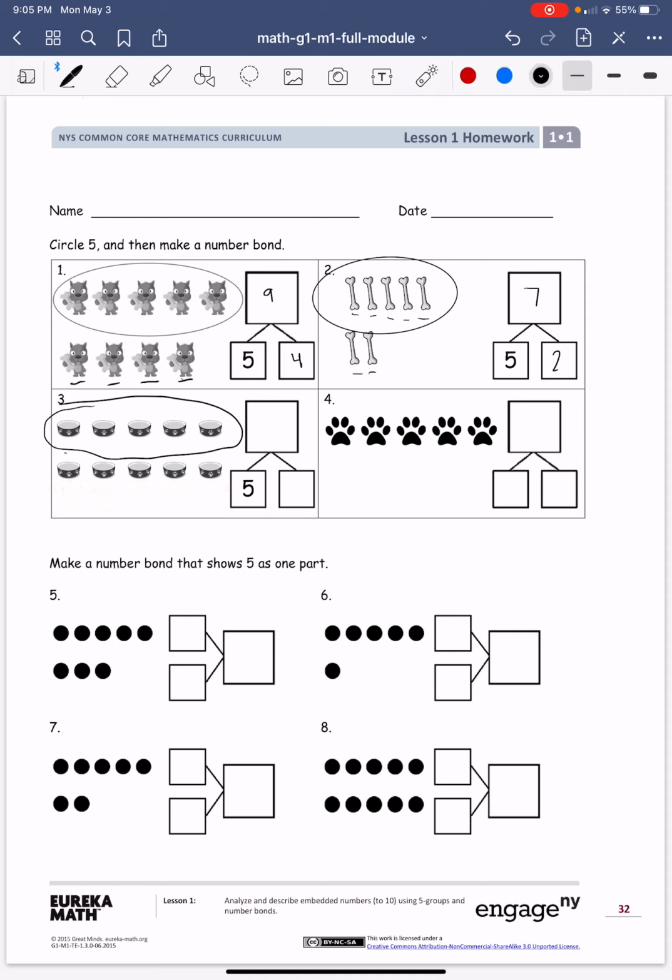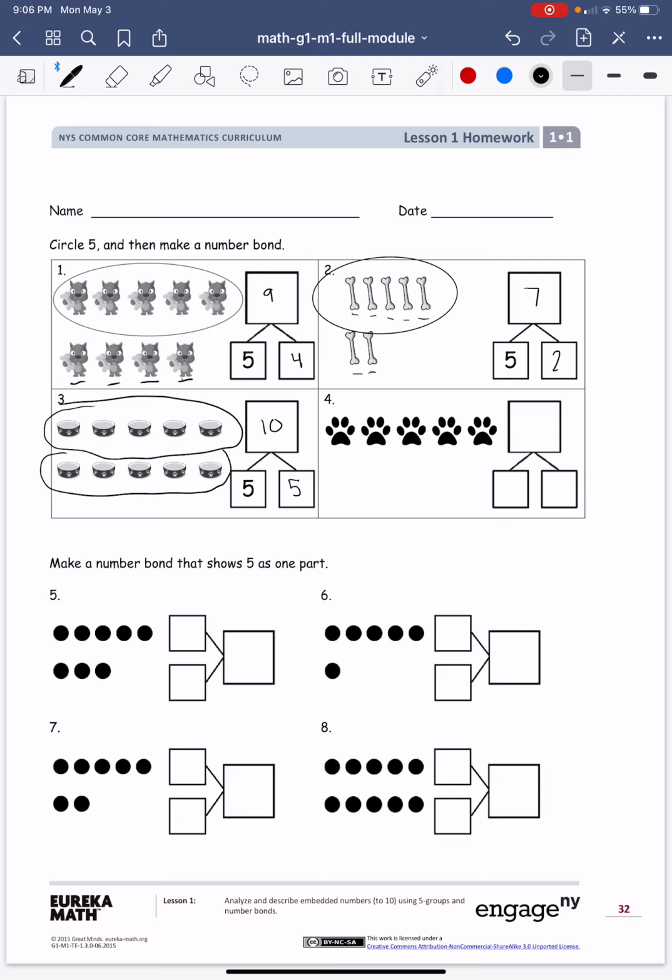Let's circle that. So, what is 5 plus 5? It's 10. Yay! So, if there's already a 5 here, we just have to fill in the other 5. 5 plus 5 equals 10. So that's how you solve that specific problem.